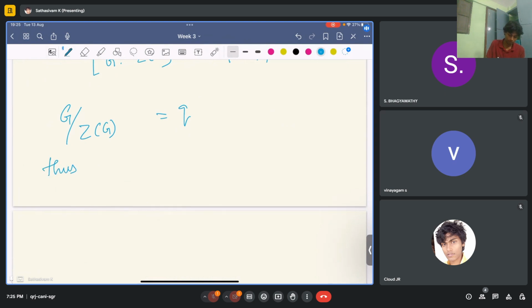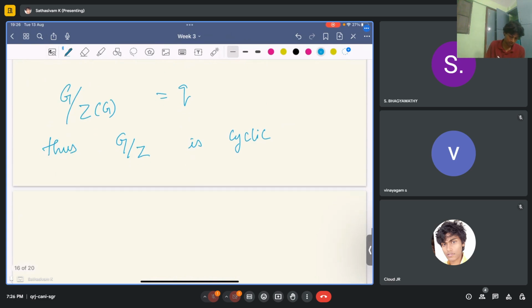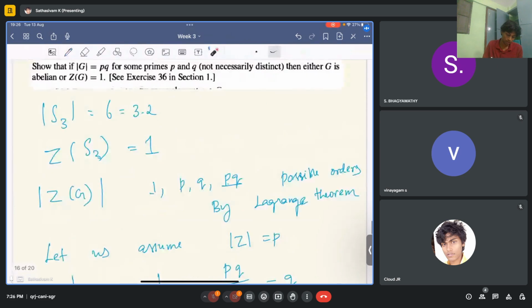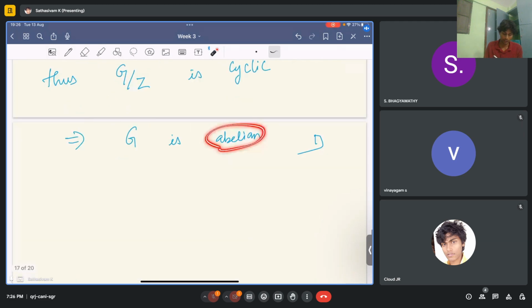Thus, G by the center is cyclic. If G by the center is cyclic, what do we know? This implies G is abelian. And that's all. So if it is other than 1, then these are the only possibilities. Whichever one you assume, you end up getting that it's abelian.